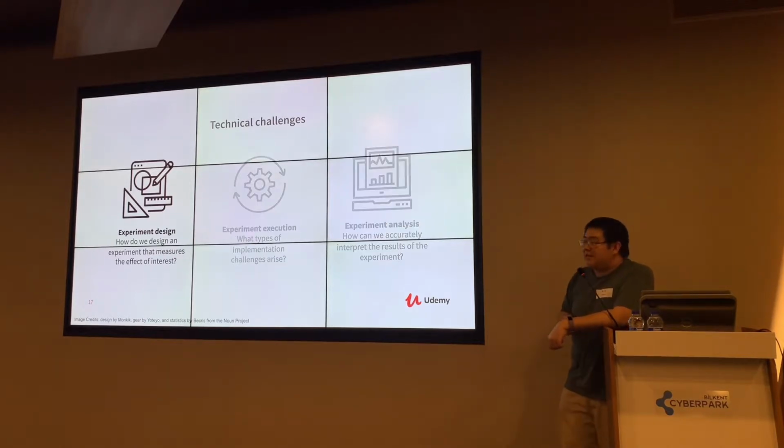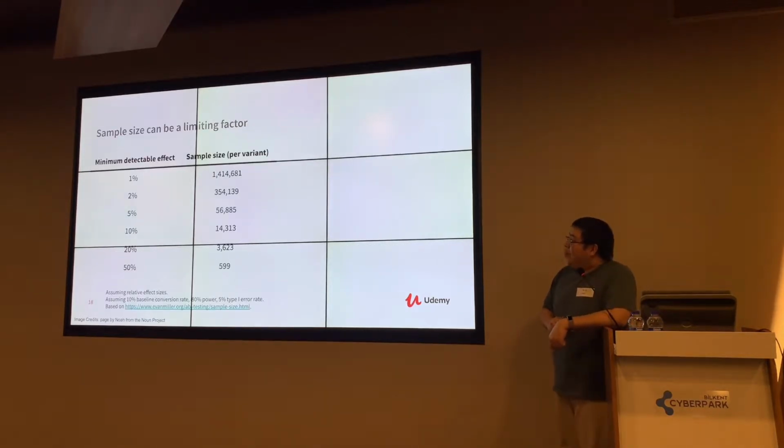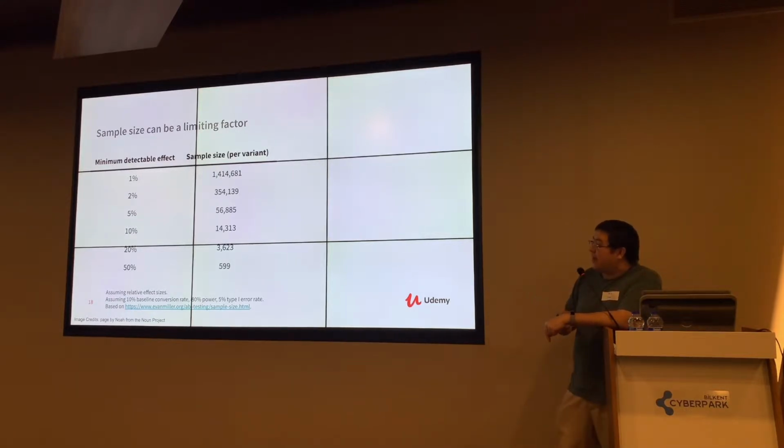So experiment design. One challenge that comes up often in experiment design is that in order to successfully run A/B tests, you actually have to have enough users that you expose to the treatment variant and the control variant so that you can tell statistically what is the difference between the treatment and the control. What I've shown here on the left side is a table that shows the minimum detectable effect size that you're trying to identify.